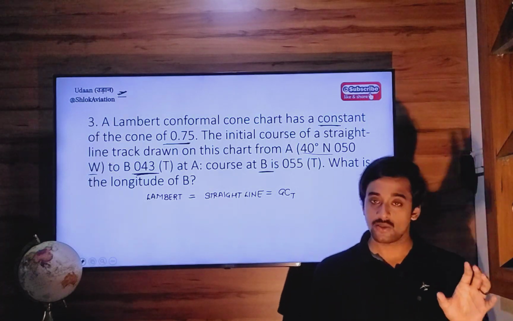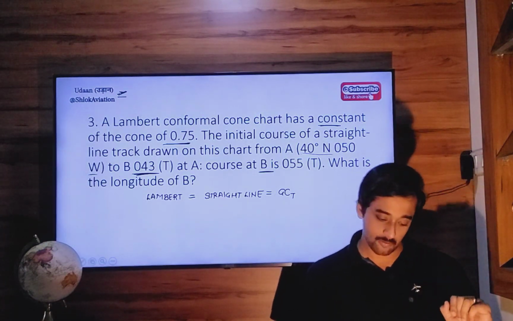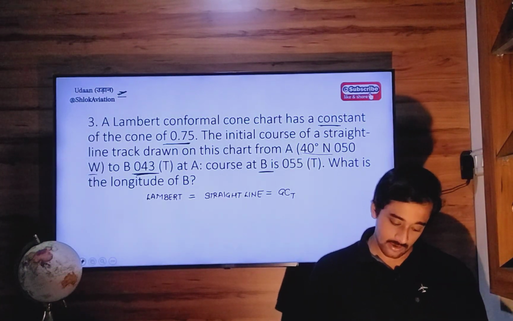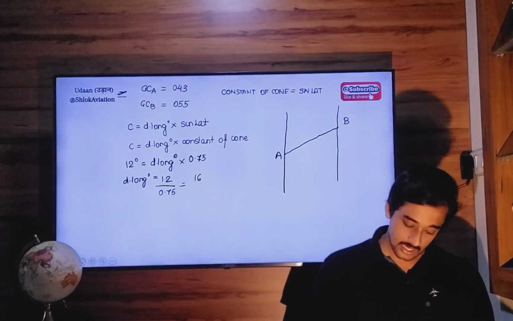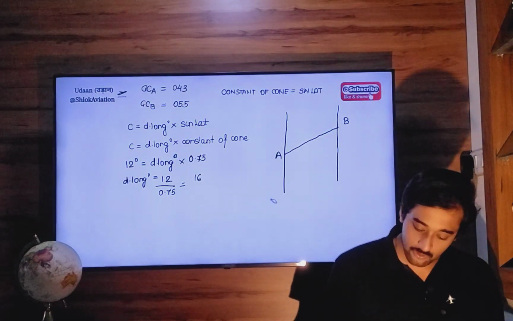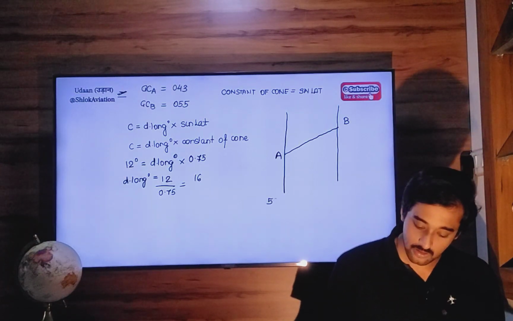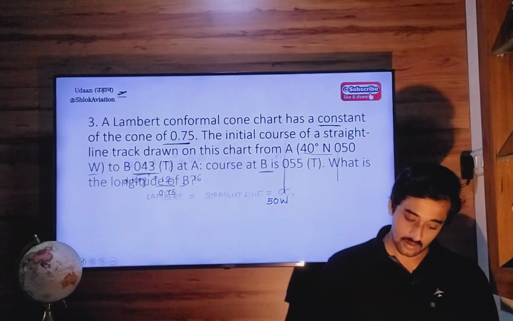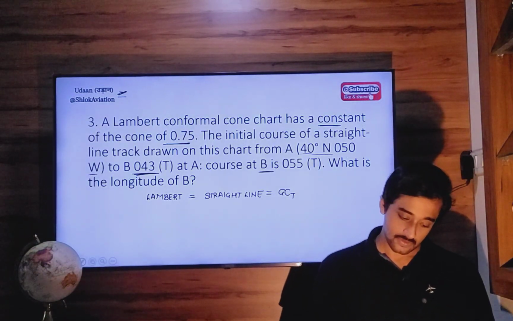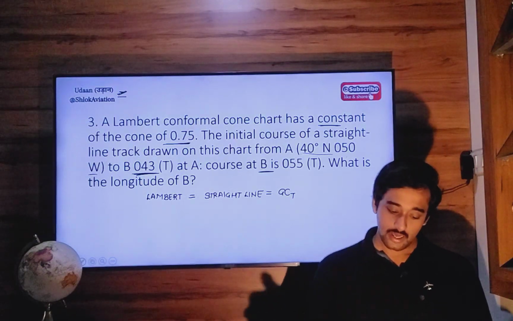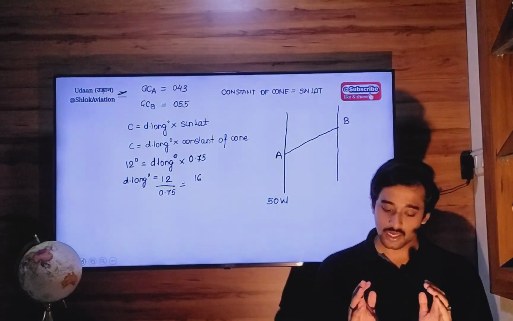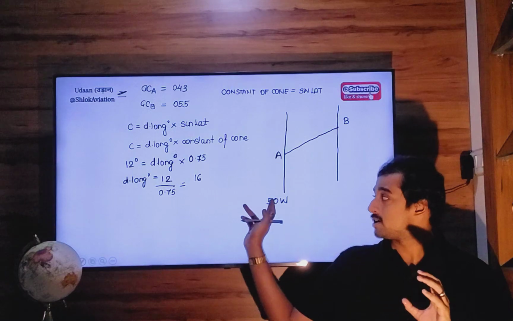So looking at the direction, we come to know that A is to the east of Bravo. So A is 50 west. What will be the position of Bravo?